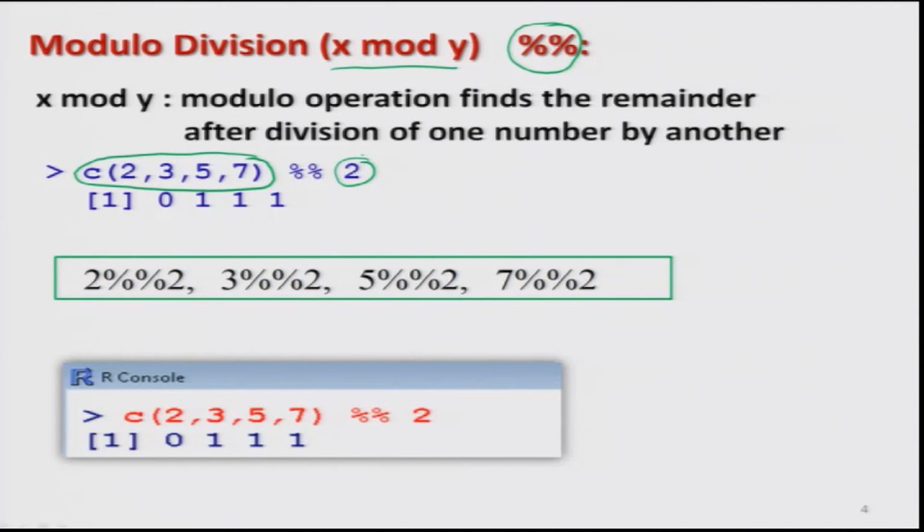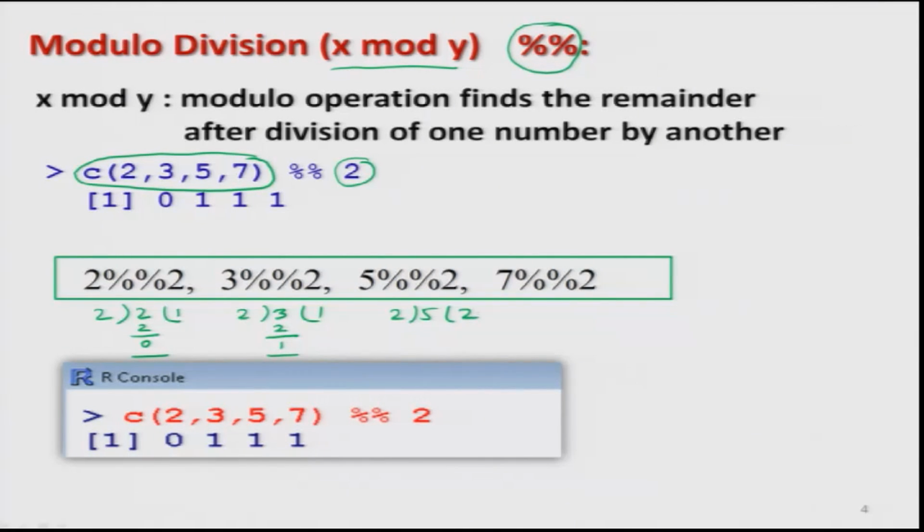In this case what you have to observe is that each of these values 2, 3, 5 and 7 is being modulo divided by 2. So, I do it in this way: 2 divided by 2, the answer comes out to be 1, since 2 ones are 2, and the remainder is 0. Similarly, 3 divided by 2, the answer is 1, since 2 ones are 2, and the remainder is 1.